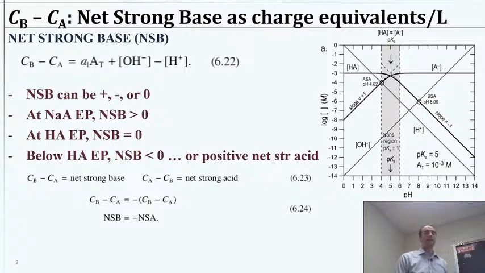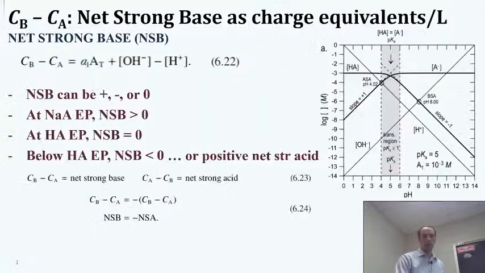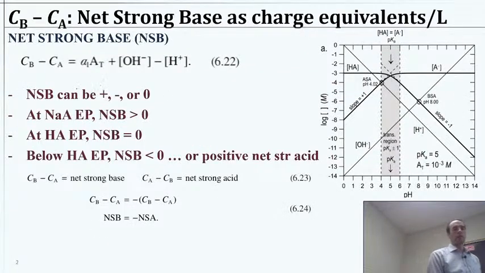And based on the previous equation, we can rearrange this equation, subtract H plus from both sides, and subtract that concentration of the strong acid from both sides. And we get that equation, right? So that's our net strong base equation in terms that are relatively convenient.